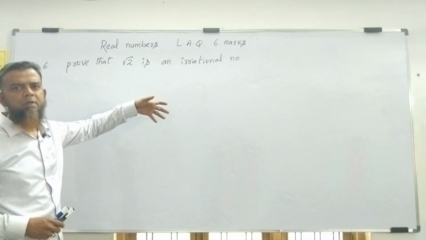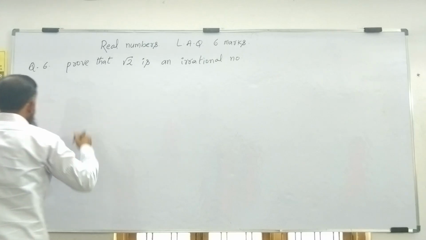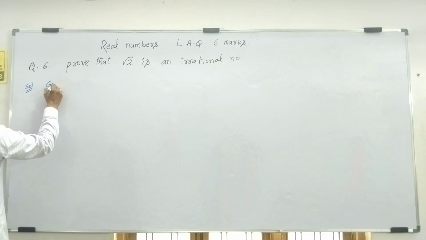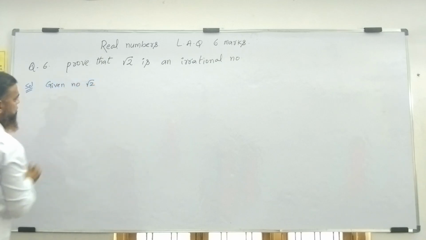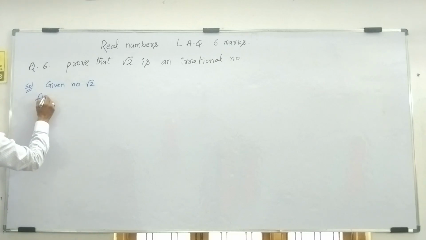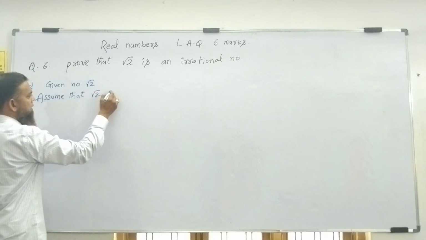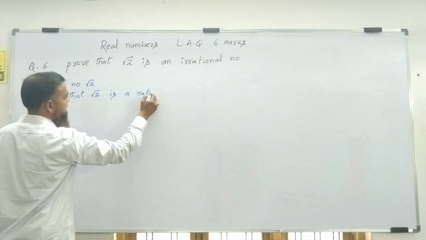Contradiction method में इसको प्रूव करना. Okay? See in the board. Given solution. Given number is root 2. Again we are assuming. Assume that root 2 is a rational number.